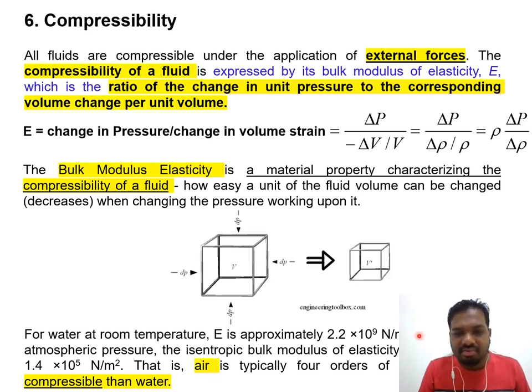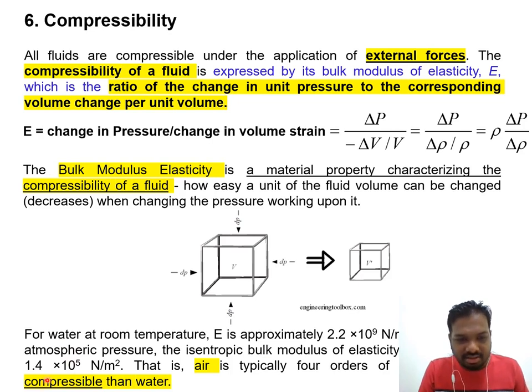So you can see different fluids, air and water, have different compressibility levels in the value of E. This is saying that air is typically 4 orders of magnitude more compressible than water.